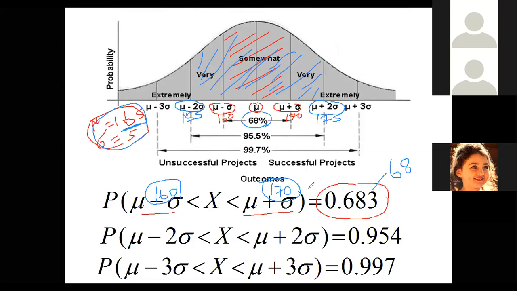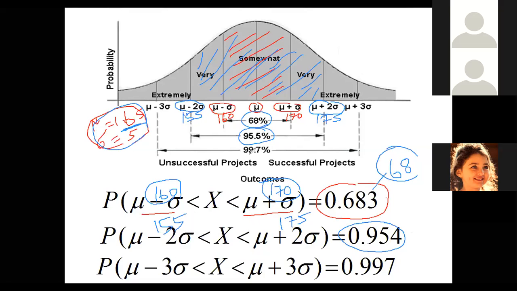This is how we can interpret it. Similarly, for the second range, almost 95.5% of the students studying at University of Jaffna have height between 155 to 175.